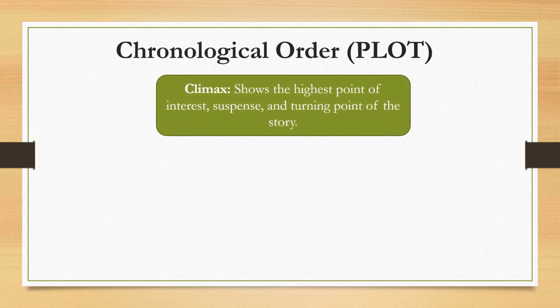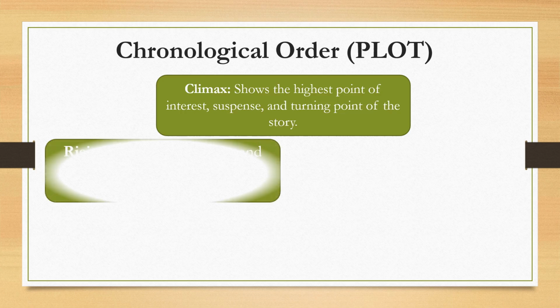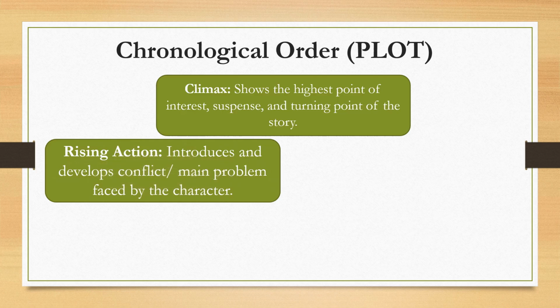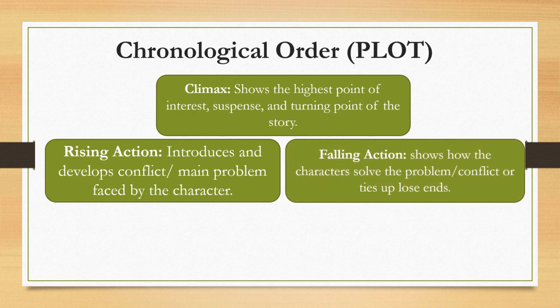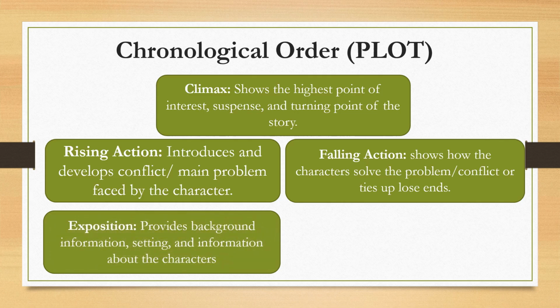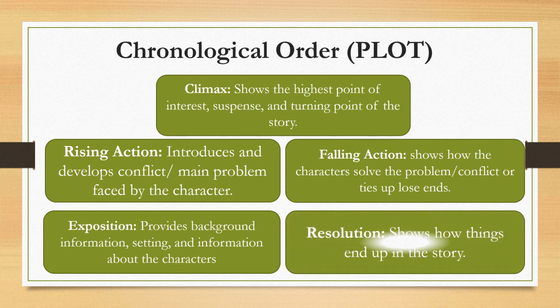The climax shows the highest point of interest, suspense, and turning point of the story, while rising action introduces and develops conflict, the main problem faced by the character, while the falling action shows how the character solved the problem or conflict that ties up loose ends, while the exposition provides background information, setting, and information about the characters, and the resolution shows how things end up in the story.